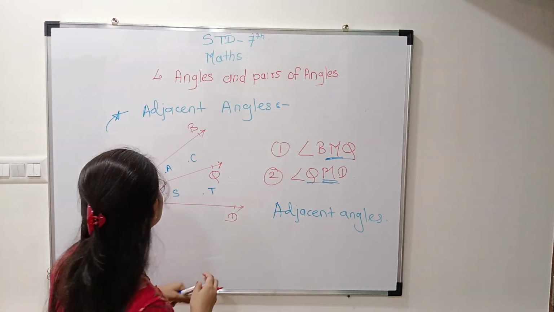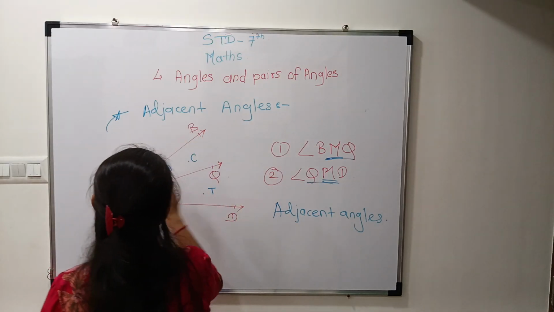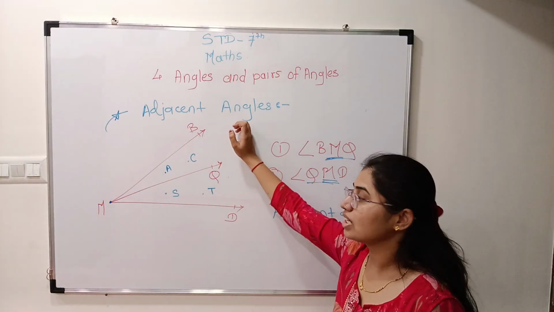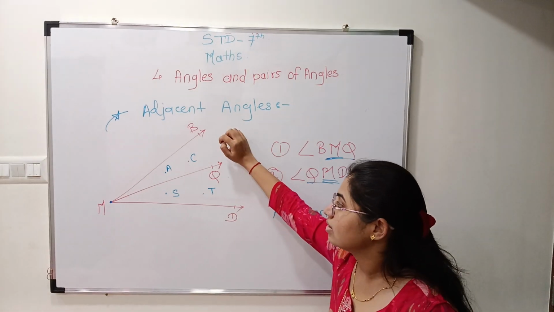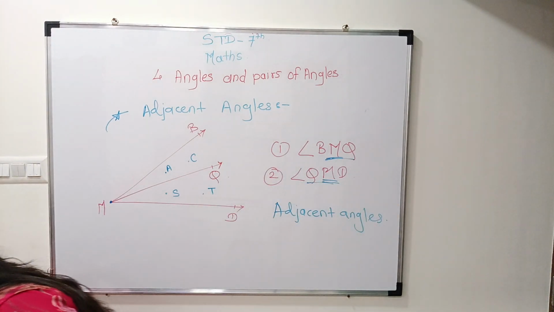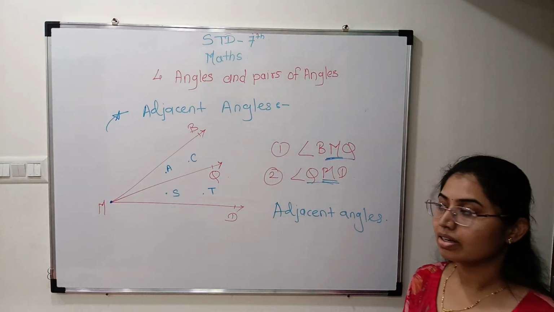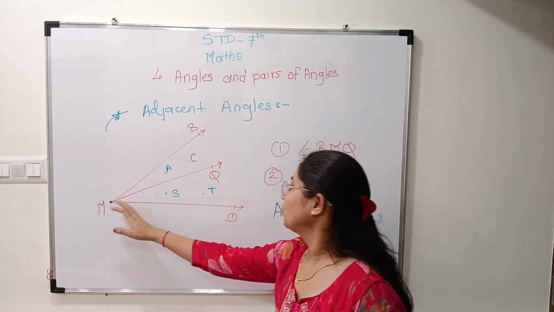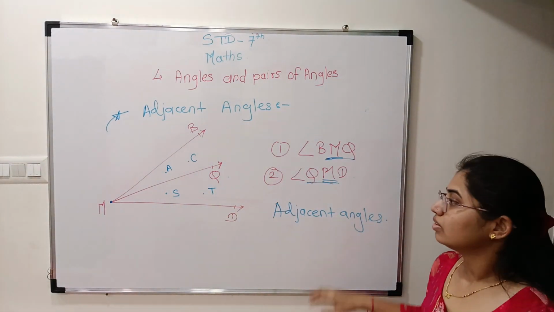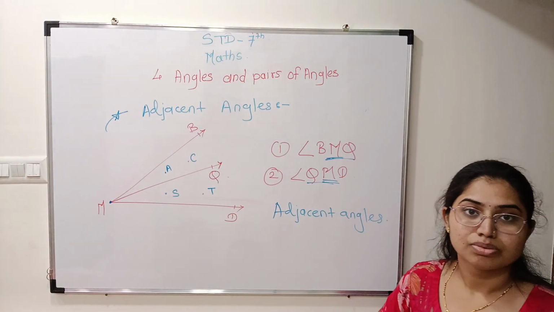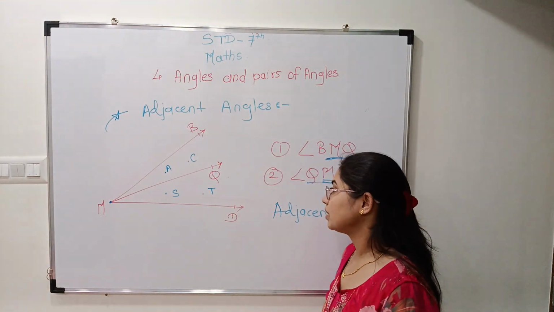They are separate. For angle BMQ, which are the interiors? A, C, right? And for angle QMD, which are the interiors? S, T.